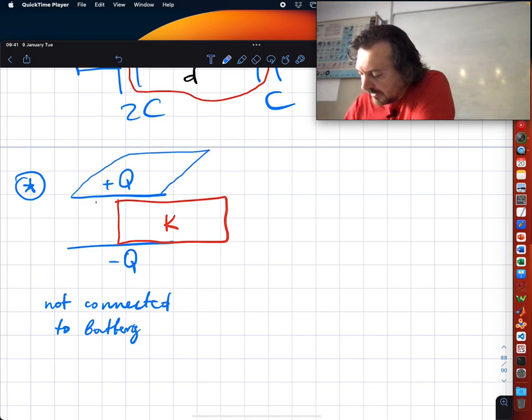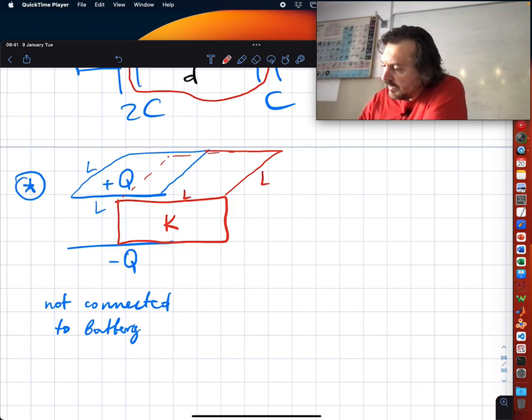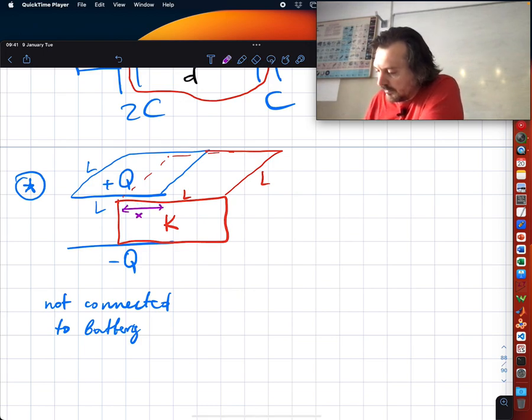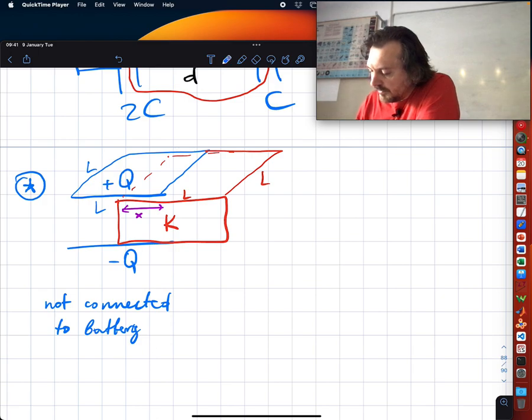If this is L over here, this is also L over here, but only X of it is inside. This distance is X.